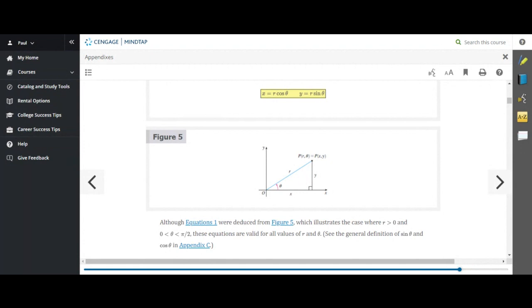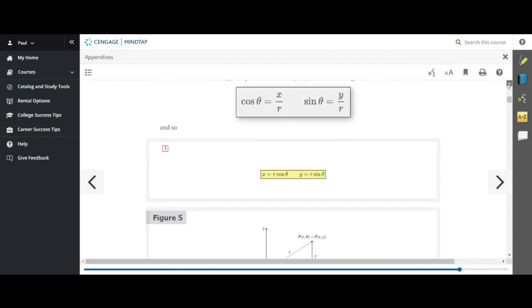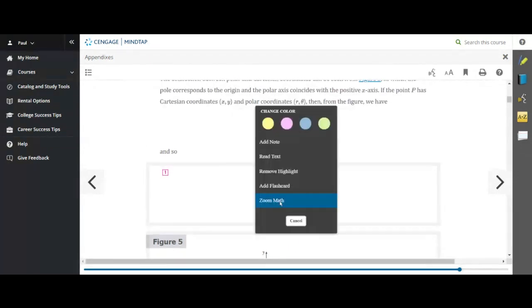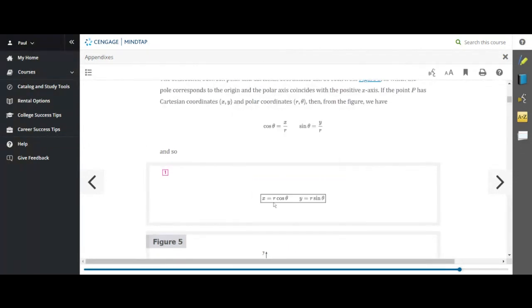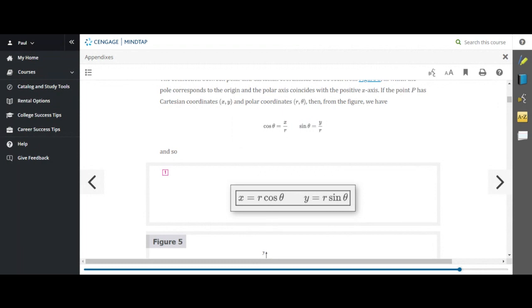Okay, so the connection between polar and rectangular coordinates is what you see here, and naturally, x equals r cosine theta and y equals r sine theta.